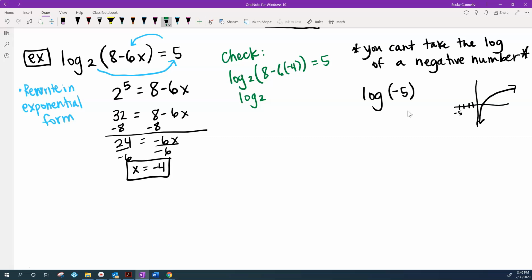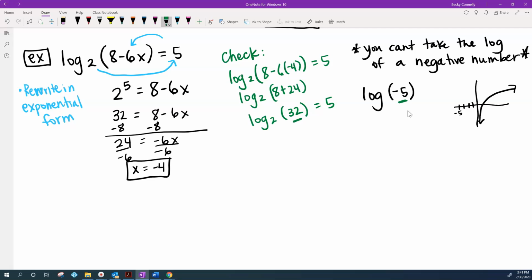I've got log base 2 of 8 plus 24, so I'm really figuring out what's log base 2 of 32. And that I can do, right? That's what I'm doing on this.